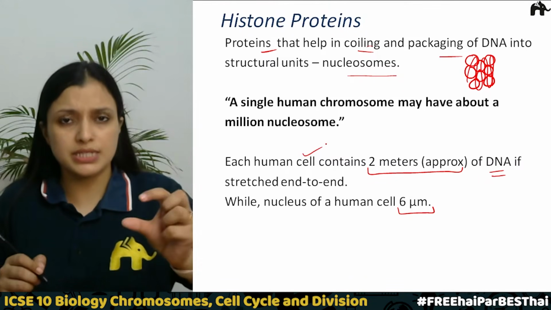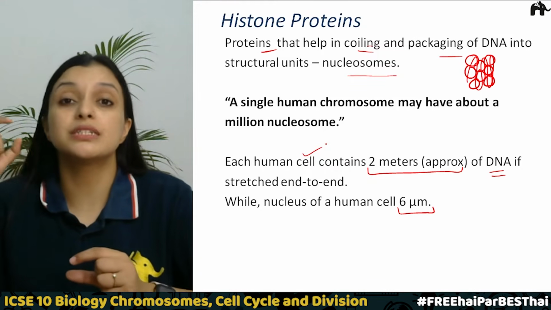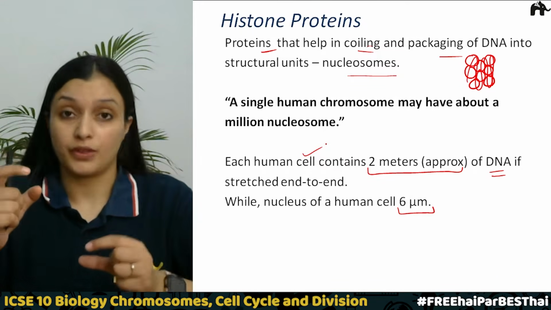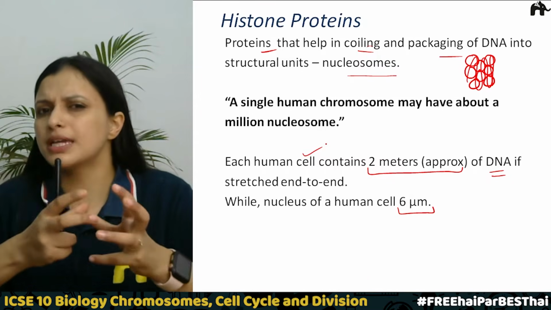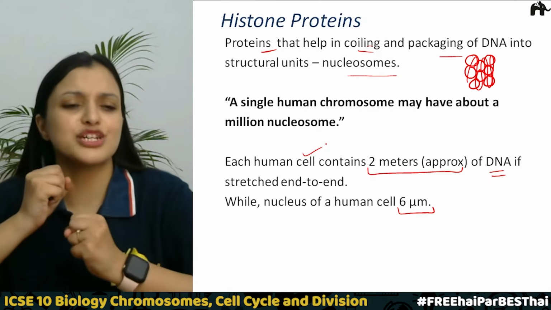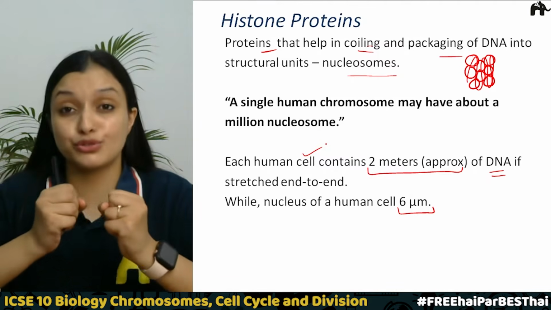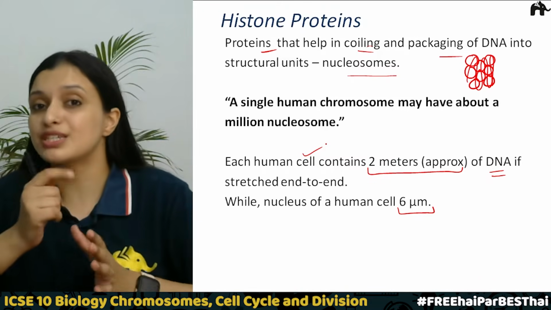A single human cell has a nucleus, and in that nucleus there is around 2 meters of DNA, but that nucleus is just 6 micrometer. So we need something that can coil and pack this DNA molecule so that we can fit it inside that nucleus. What are those? Those are the histone proteins.